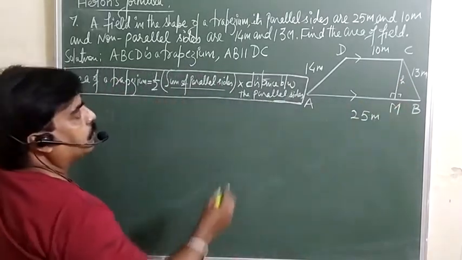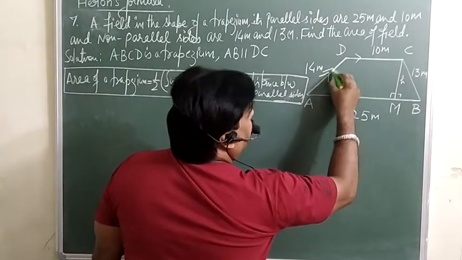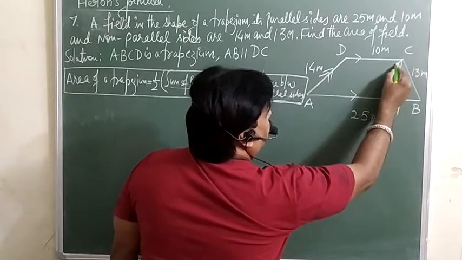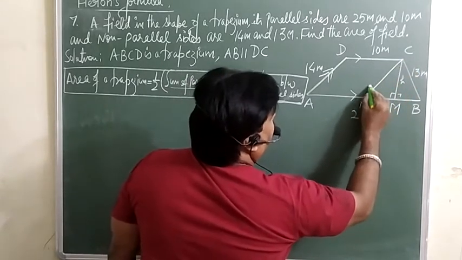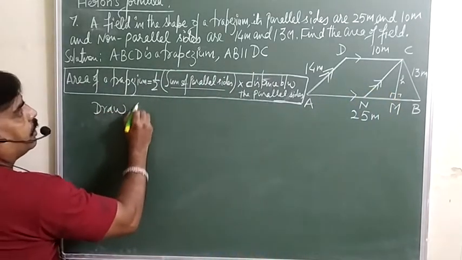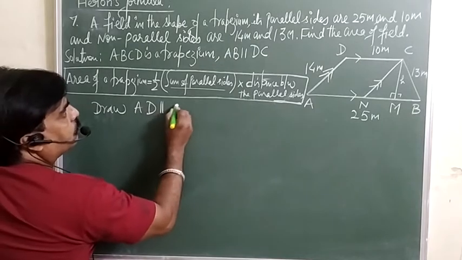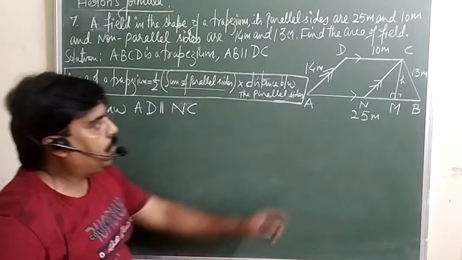So what we will do, हम क्या करेंगे, एक कंस्ट्रक्शन करेंगे इस AD के parallel to this AD. We are supposed to draw a line segment here like CN parallel to this one. Means we are going to draw AD which is parallel to NC. Now here, look at here.